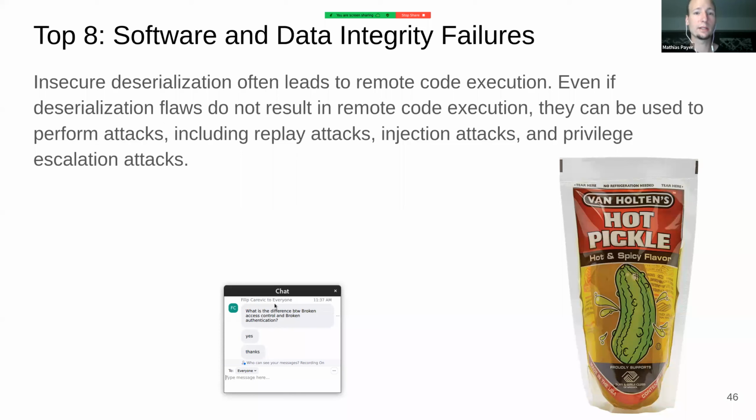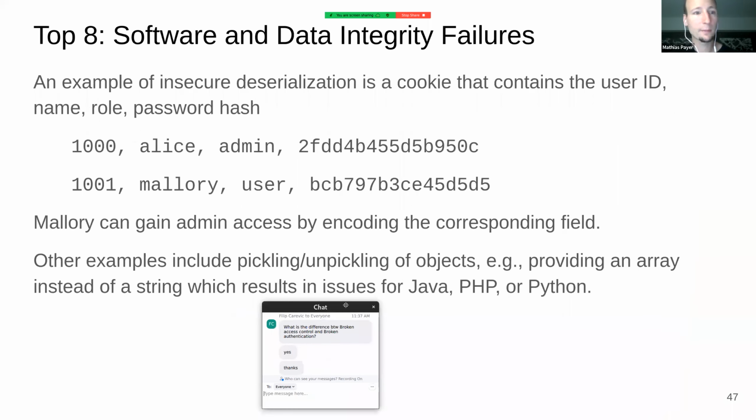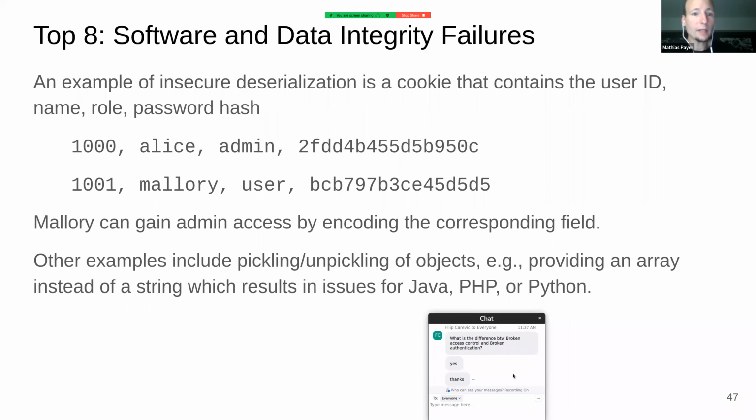And issues in the deserialization part of the server side may result in different forms of injection attacks or code execution attacks when new objects are being instantiated. It's an extremely fun attack vector. An example of insecure deserialization is a simple cookie that contains user ID, name, role, and password hash.